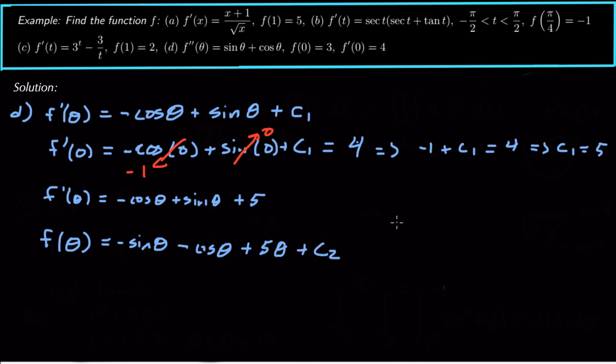So call it a different constant. And now we use our first condition, f of 0 equals 3, to find c2. So f of 0 equals negative sine of 0 minus cosine of 0 plus 5 times 0 plus c2 should be equal to 3.